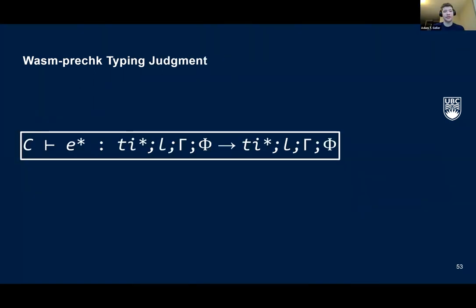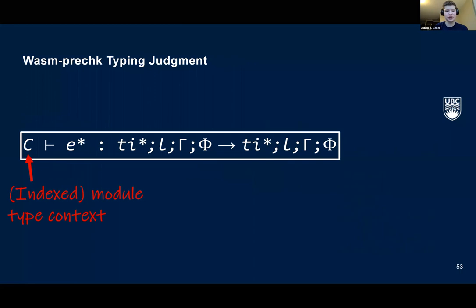So when we look at this typing judgment, we have, as before, C, which is the module type context, except now it's an index module type context, because the types of functions are now indexed function types as opposed to regular WebAssembly function types. But otherwise, it's the same high-level structure and contains the same information, but represented differently.